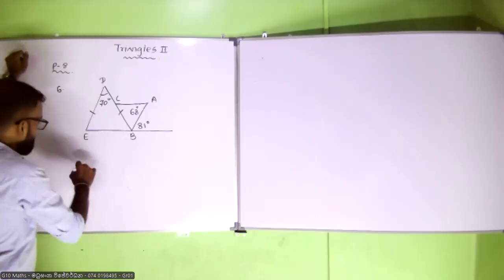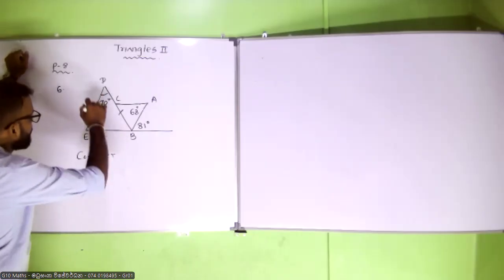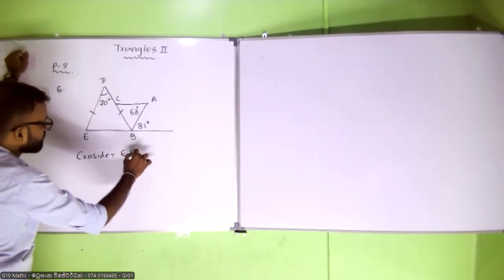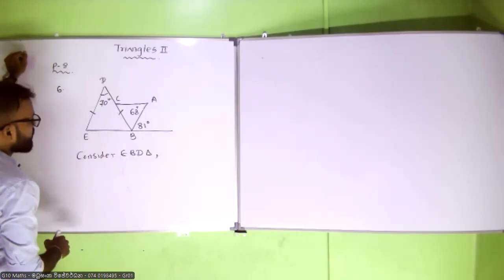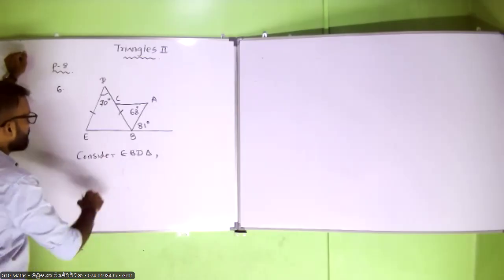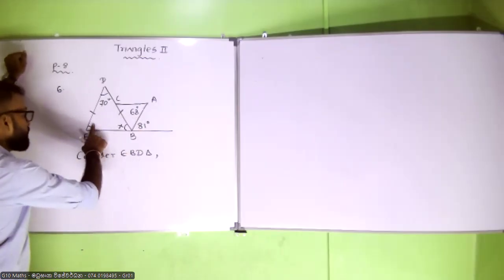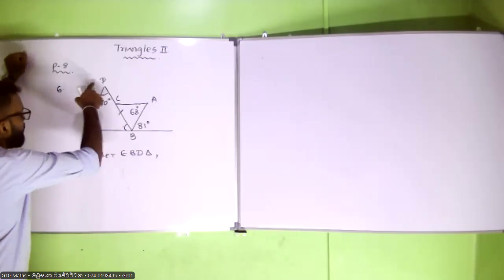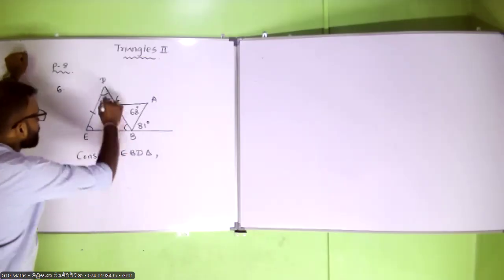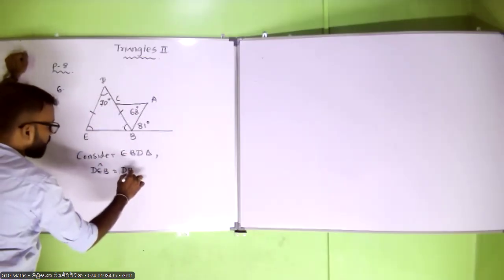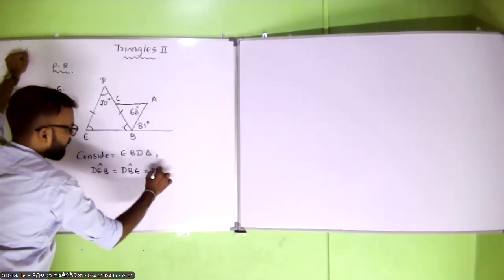By considering triangle EBD, you can find this one and this one. Angle DEB equals angle DBE, so I will take the same point, equals x.